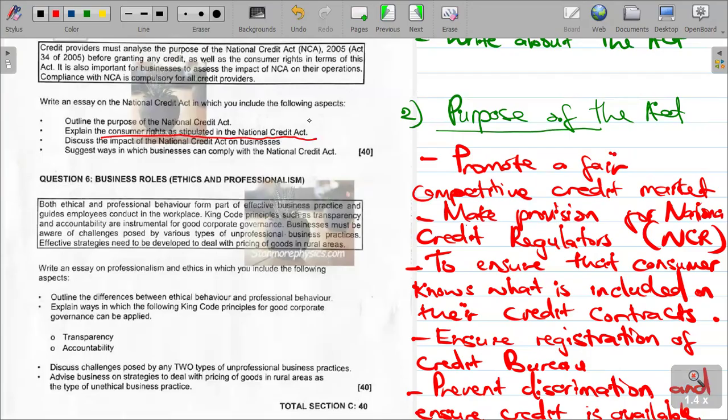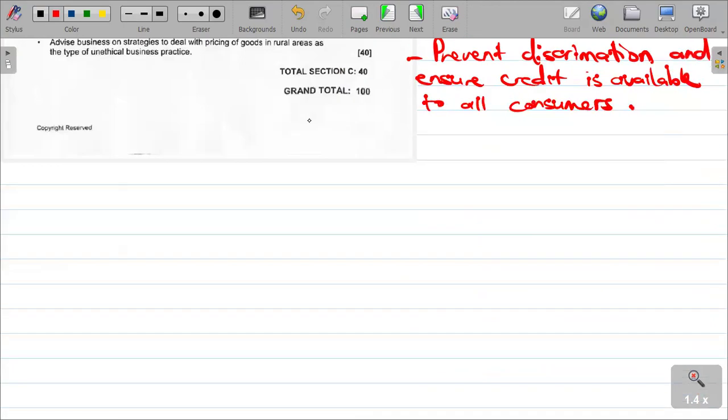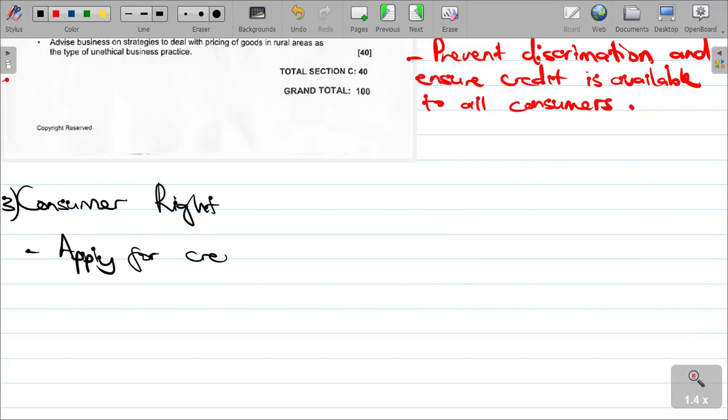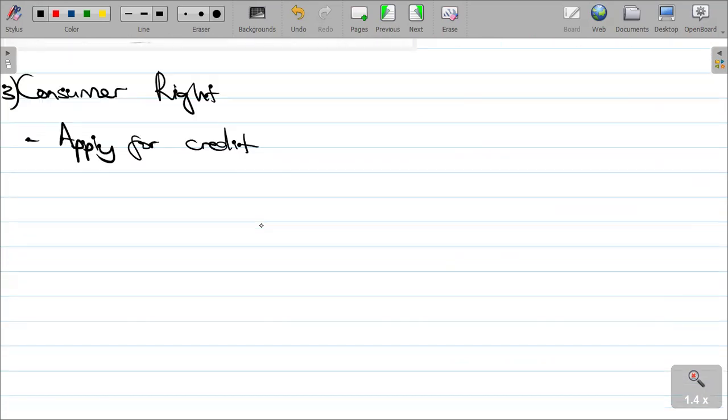Number three, consumer rights. The customer has the right to apply for credit and to be free from discrimination.